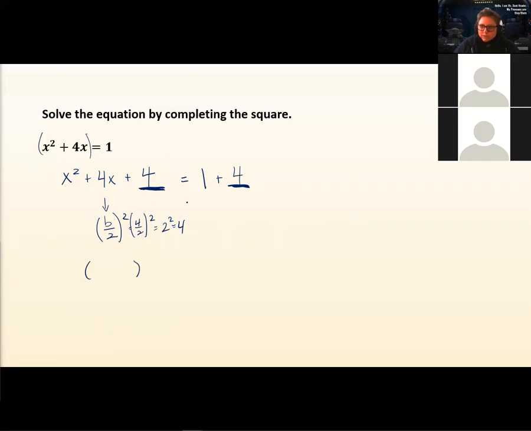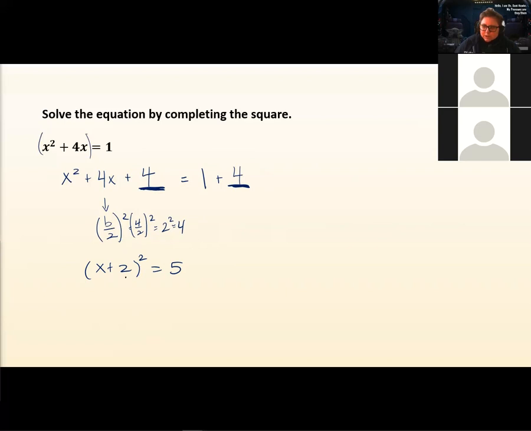On this side, the x squared plus 4x plus 4. Very good, x plus 2. And it's x plus 2 squared, which is why it's a perfect square. X plus 2 times x plus 2. And then we have 1 plus 4, which is our 5.